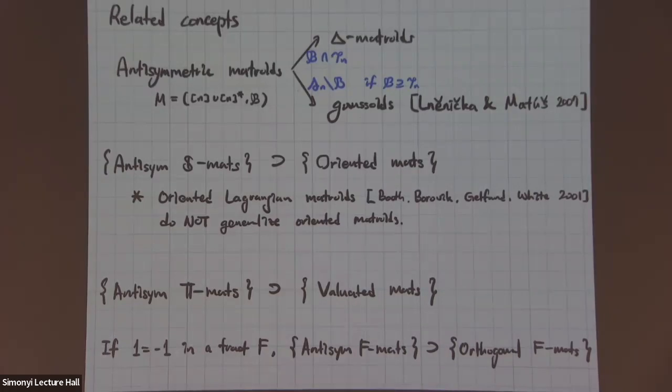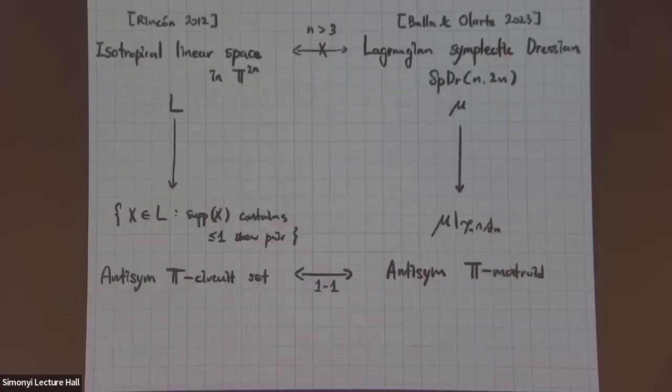And also, this is quite related with the valuated matroid. So let's look at this example a little bit more. Some audience asked about the tropical linear space and also the valuated matroid.